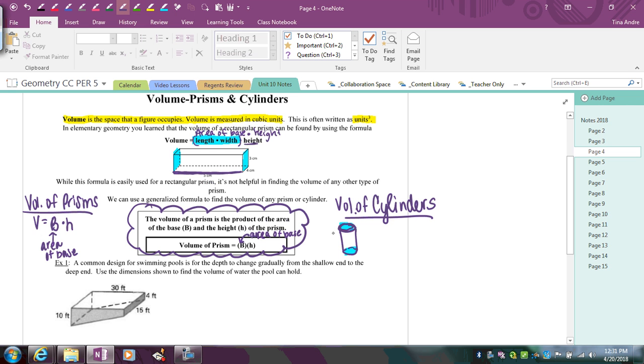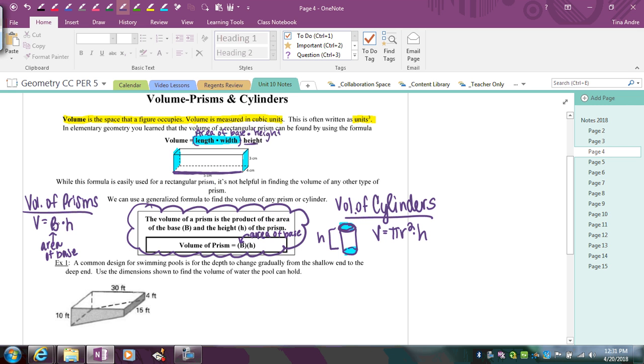The height is the perpendicular distance between the 2 bases. So when we think about our formula, you're going to do the area of the base, which is a circle, so it'll always be pi r squared, times the height. So it really comes from this same formula.